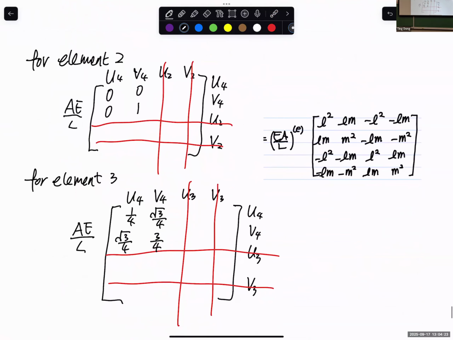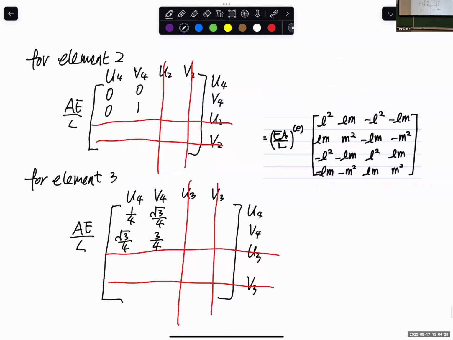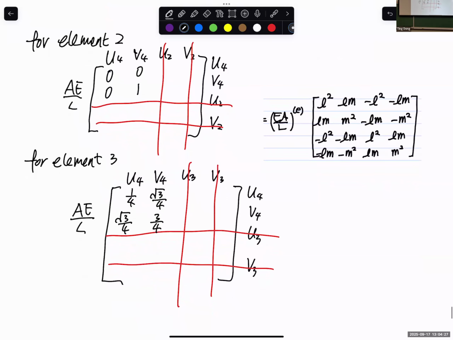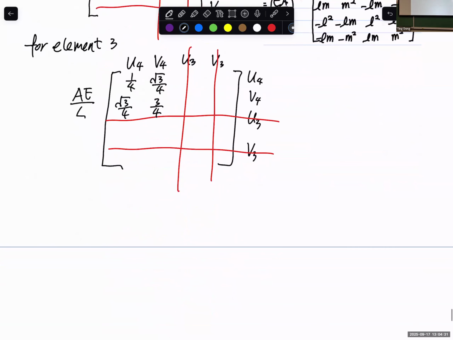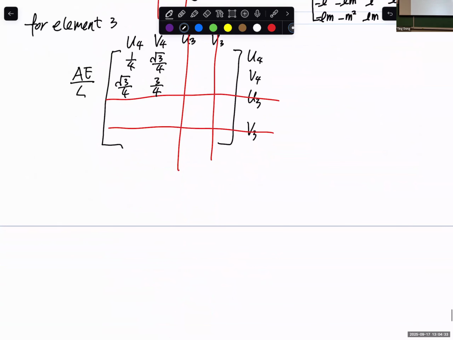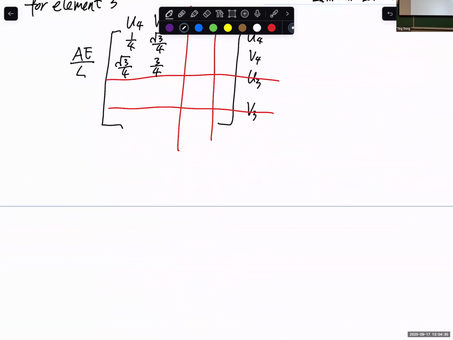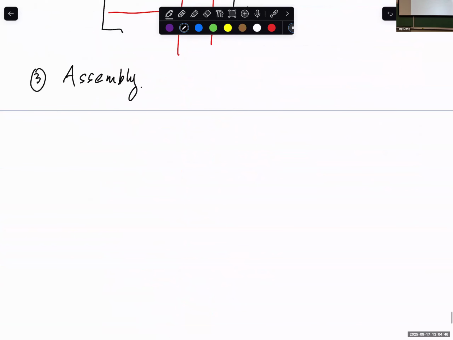Okay, now we have the K for all three elements. We can do assembly. And of course, in assembly you can write only 2 by 2, but let's make it less confusing since it's the first time we do this. I can still put this one as 8 by 8.